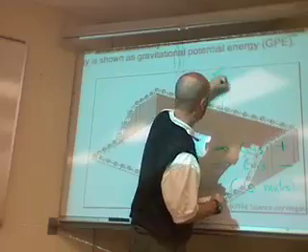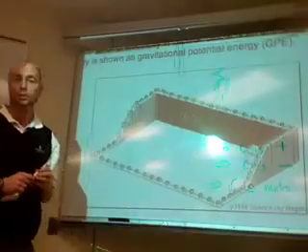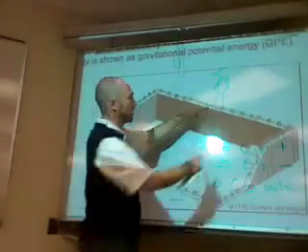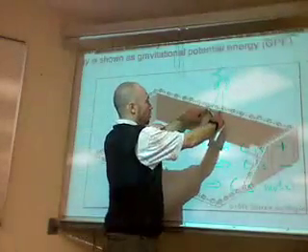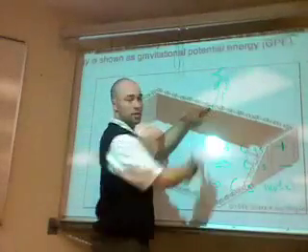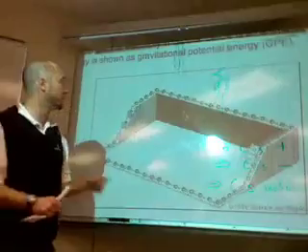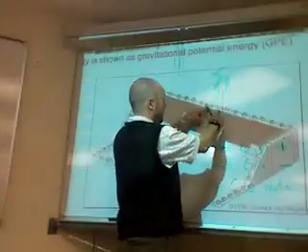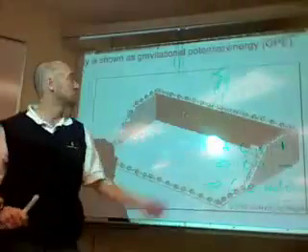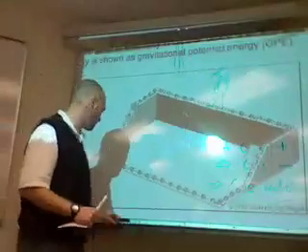If this bird lands right here, what's the potential difference between the bird's feet? Nothing. If there's no potential difference, no current will flow through that bird.